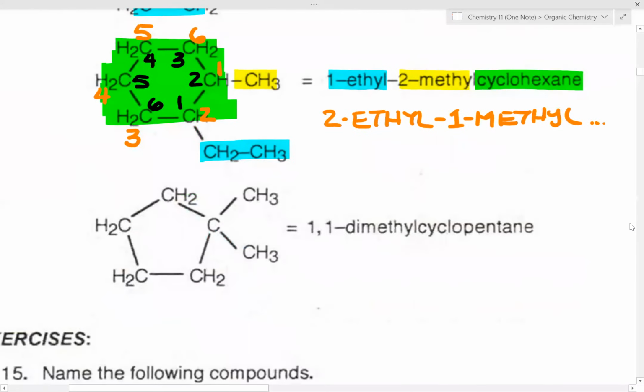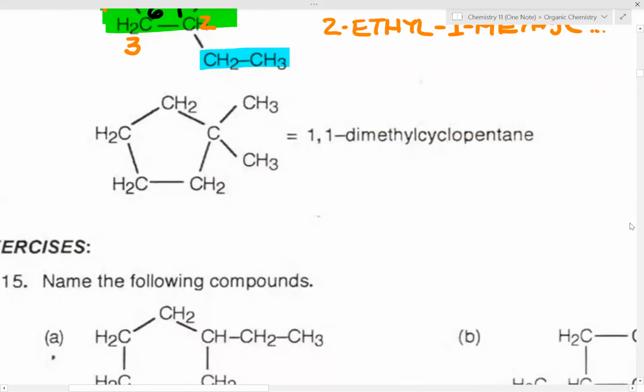Now, this one down here, notice 1,1-dimethyl. Why? Because this carbon is number 1. This will be number 2, 3, 4, 5. And since there is more than one grouping on there, each one has to have a number. Okay?